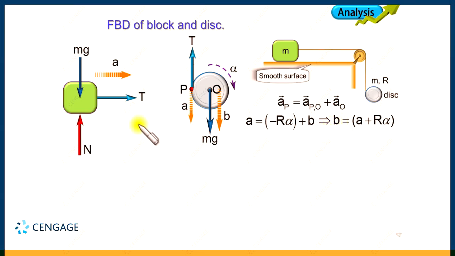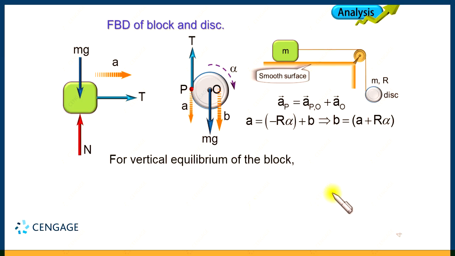Okay. Now let us consider the free body diagram of the block again. We know this block is in equilibrium in the vertical direction. That means this normal reaction will be balanced by the weight. So here we can write the vertical equilibrium of the block, that is N equal to mg. Now let us consider the horizontal direction of this free body diagram.